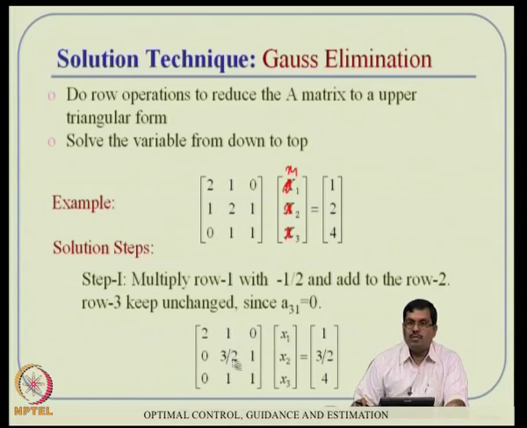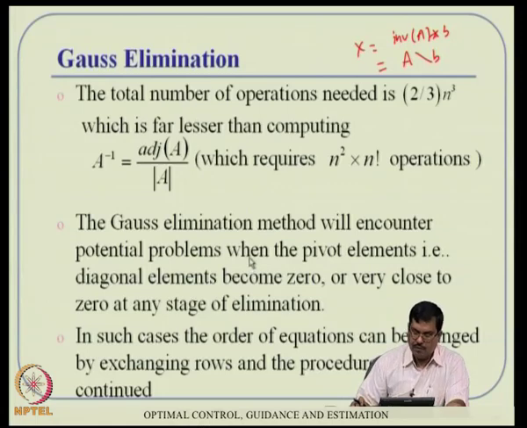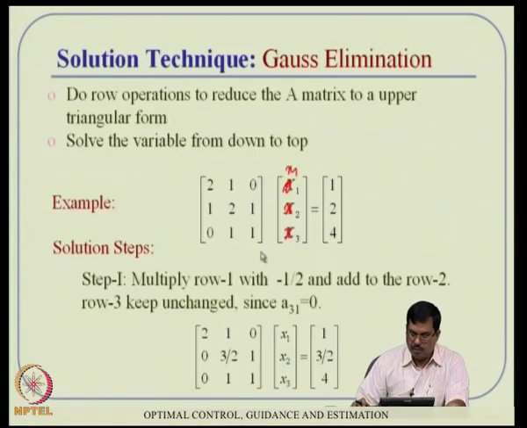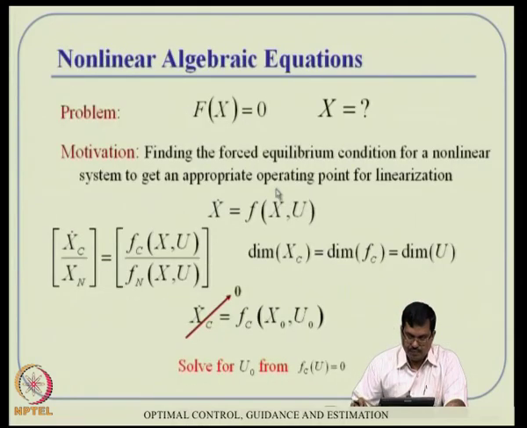Now, no matter how much you multiply and add and subtract, nothing will happen to this one. You will not be able to do that. So, in those situations, one easy way is just to exchange the rows. Suppose this one happens to be 0 here, then you take the entire third equation and put it as the second equation, and this one is substituted as the third equation. You exchange the equations, then proceed further. That is the idea there.